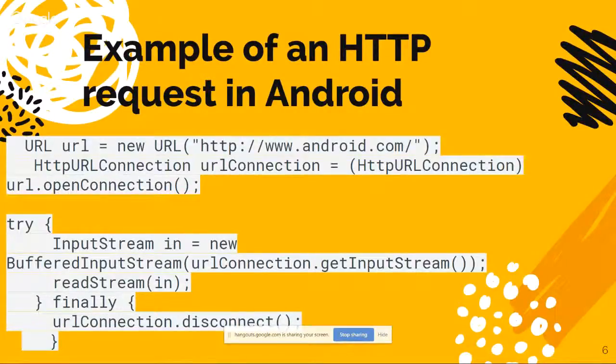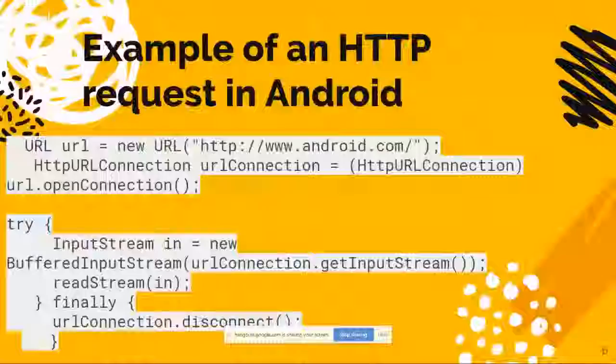Once we have opened the connection, we are storing the information in the buffer stream. In this case, we are just reading line by line what is in that page, and finally, we disconnect the URL connection. This is an example you can find in the Android developers website.